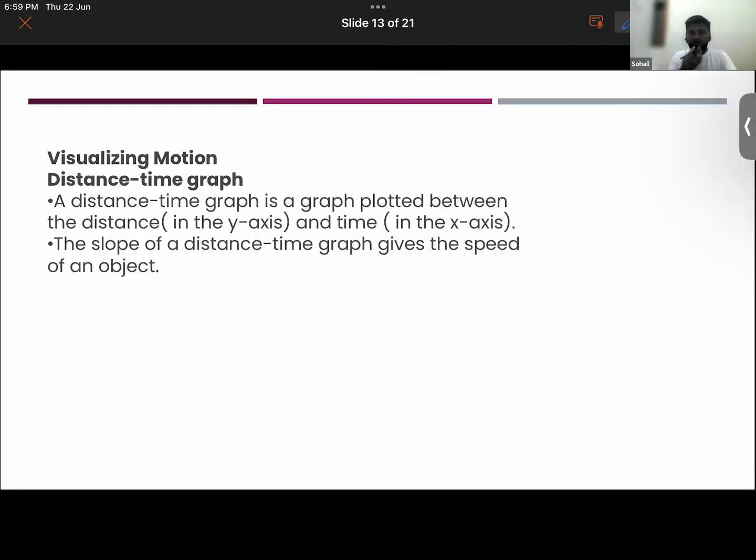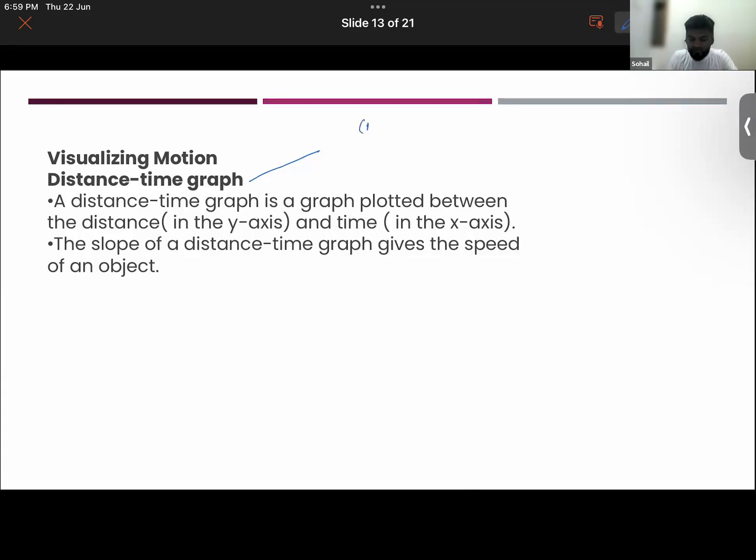Just to summarize what we have discussed so far, we talked about the distance-time graph, and we know that motion can be of two types, uniform and non-uniform, and we traced the graph for both of them.